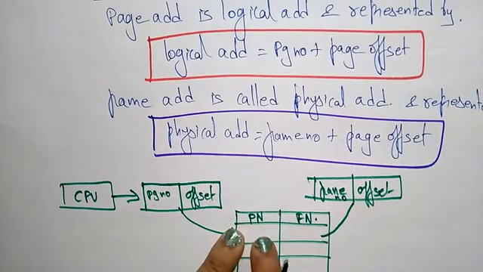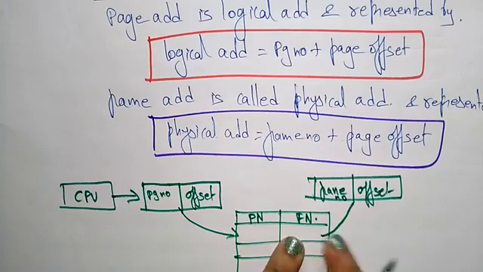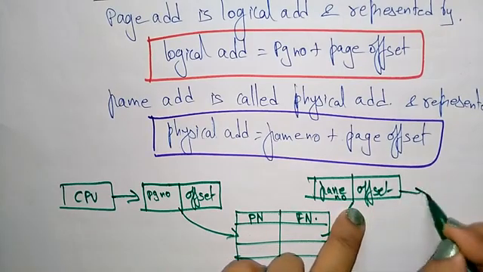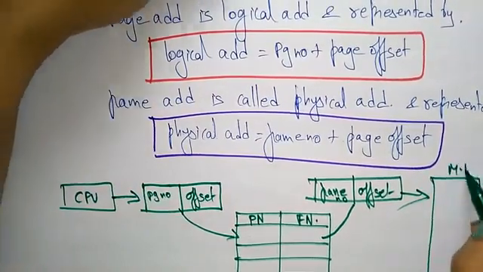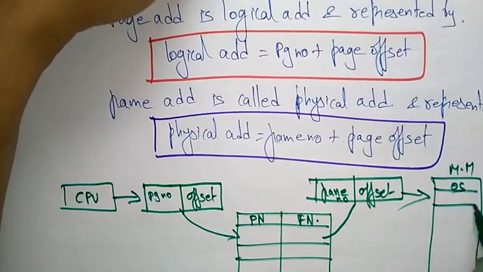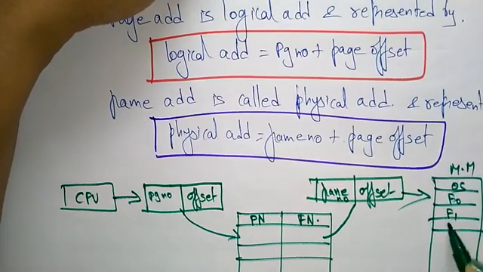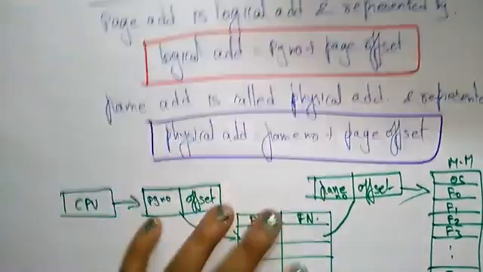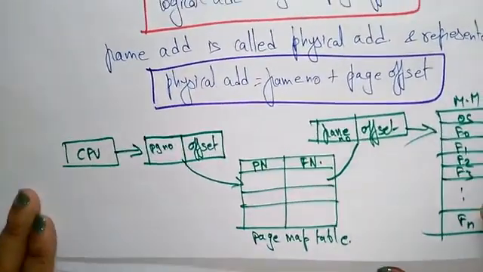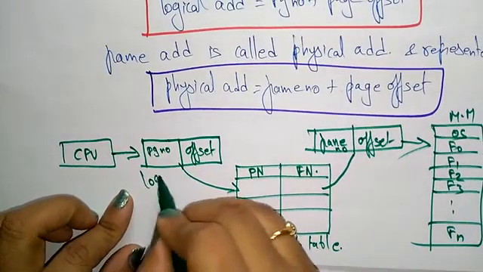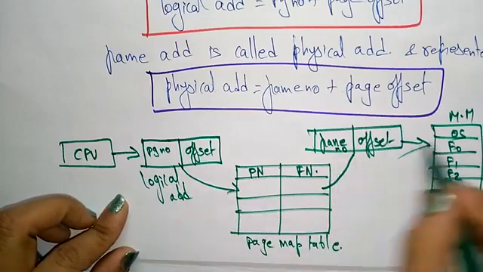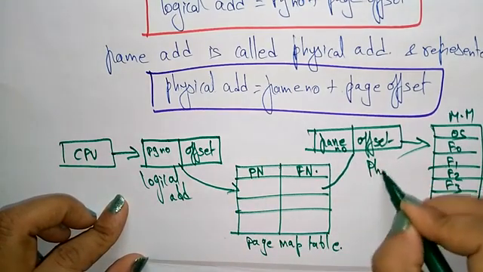Whenever there is a page number, the related frame is found and used to access main memory. This is the main memory, with the operating system, frame 0, frame 1, frame 2, frame 3, up to frame n. This is how address translation is done. From the CPU we get the logical address, and when you want to access main memory you have to convert it into a physical address.